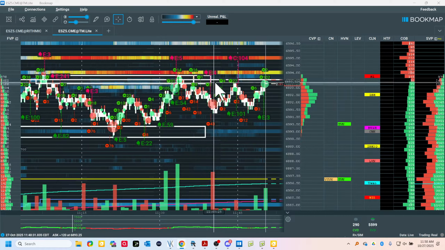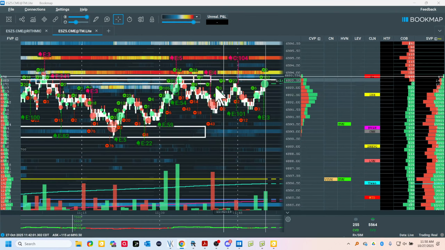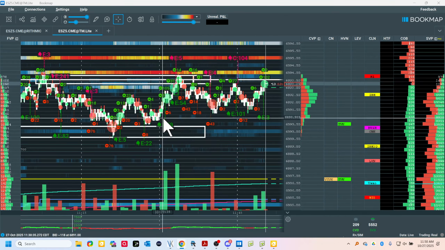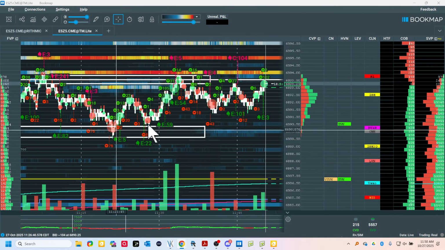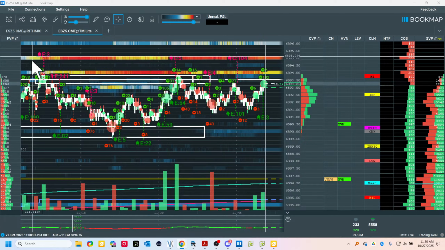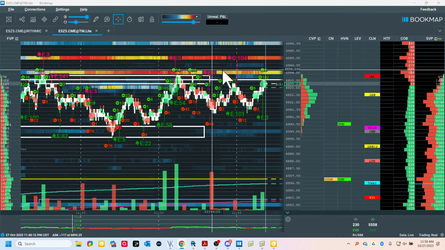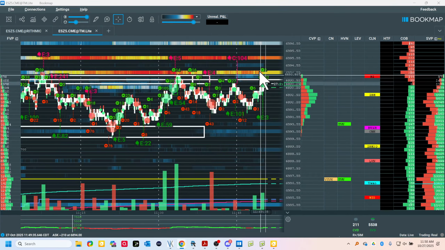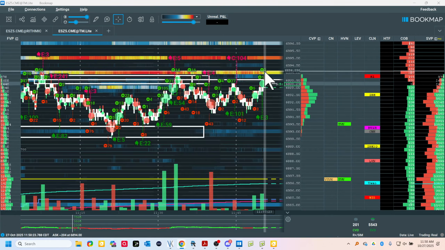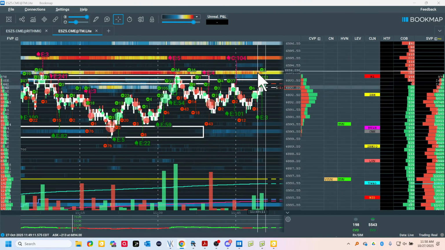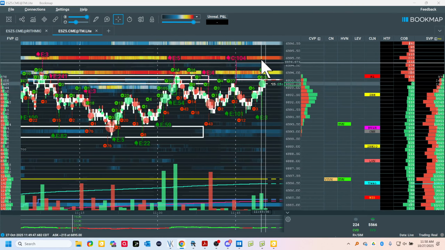Let's see how we do at our resistance up here. It is important that you understand the long structure and what this represents. So we want to see now what happens up here. Do they pull back, or do the buyers consume the sellers up here? And then there.